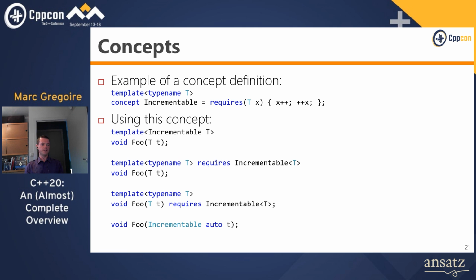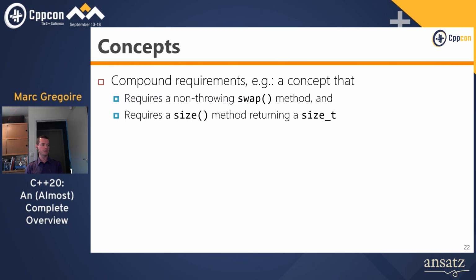Of course, this is a very simple concept here. So let's look at how you can make some more powerful concepts. Let's write a concept that requires a non-throwing swap method and a size method that returns a size_t. Since I want to say something about swap, that means I will need two parameters. So we define our concept with two parameters, in this case, two references, x and y.